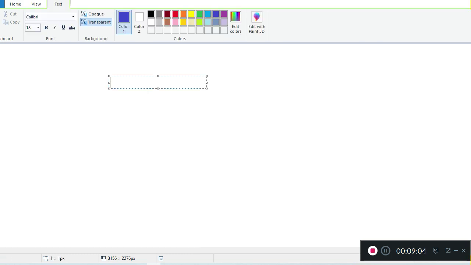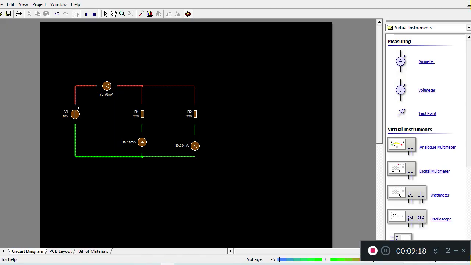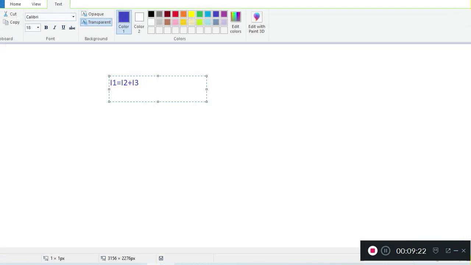The first equation was I1 is equal to I2 plus I3. And the second one, I wrote 20. Basically, it's supposed to be 10, because you can see that our voltage here is 10 volts. So I'm not supposed to write 20 there, I'm supposed to write 10. So I write 10 minus 220 I2 is equal to 0.